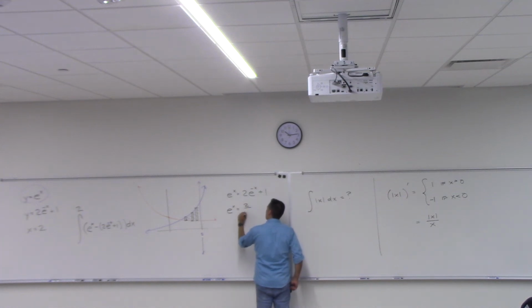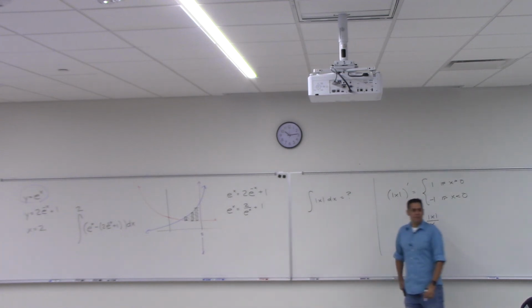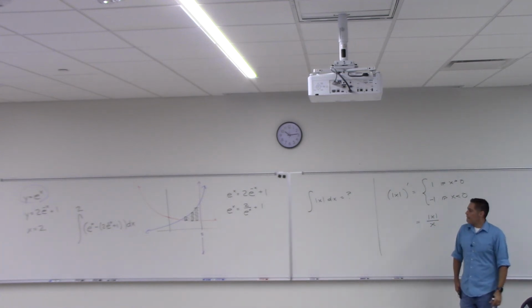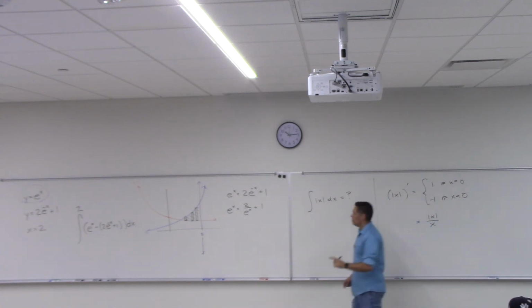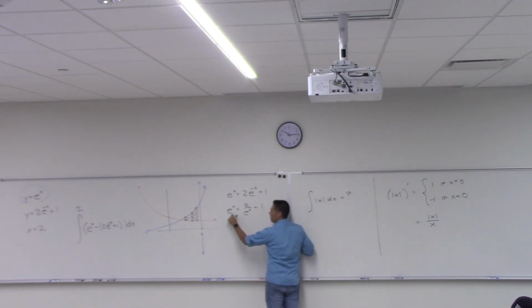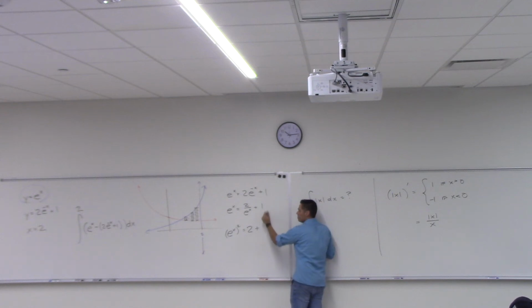I'm going to rewrite it like this, just so you can see it. I'm going to clear fractions now. I'm going to multiply everything by e to the x, both sides of the equation. So what happens when I multiply this by e to the x? I get e to the x times itself, e to the x squared, equals, when I multiply this by e to the x, they cancel, I just get 2, plus e to the x.